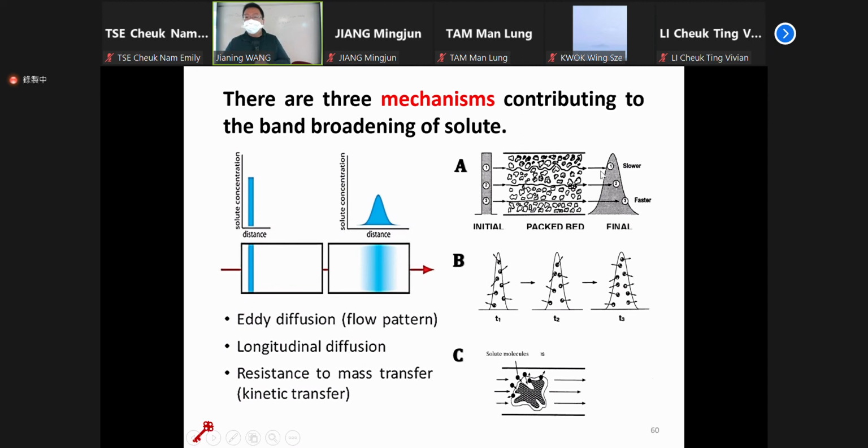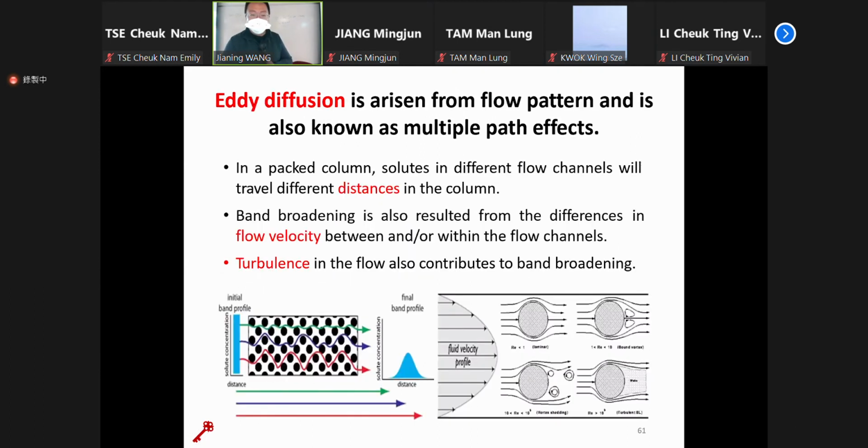So some go a longer path and some go a shorter path. So for example, molecule 3 goes faster when we only consider the geometry of the column, right? This is one viewpoint. So here is the core source of eddy diffusion.